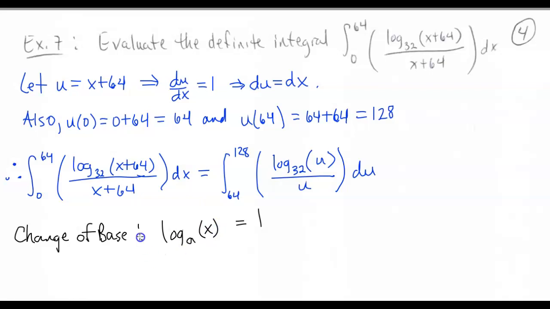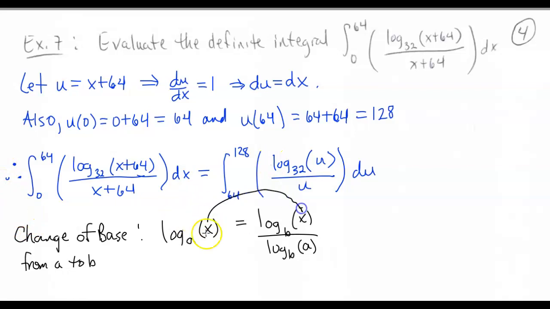And so let's say I want to change from base A to base B. Here this would be log base B of X over log base B of A. The point here is that whatever this is goes on top, whatever that base is goes on bottom, and the log base B remains the same.